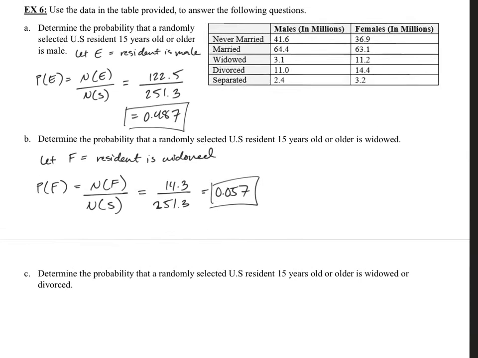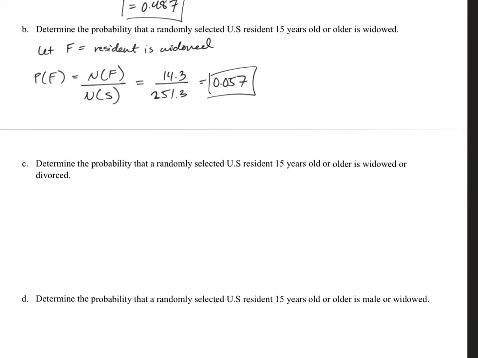Now let's take a look at the next option. Determine the probability that a randomly selected U.S. resident 15 years or older is widowed or divorced. So, we have two options here.